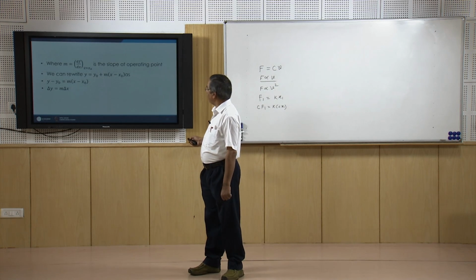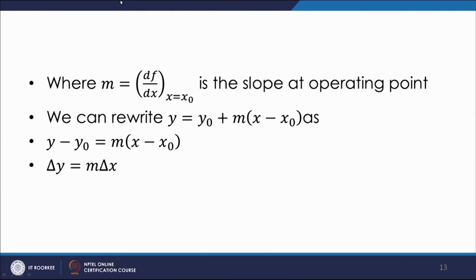Then I can write this equation as y minus y0 is equal to m (x minus x0), or further as delta y is equal to m delta x.